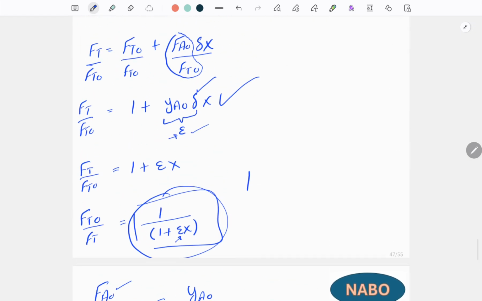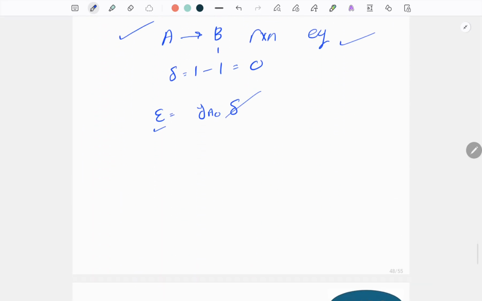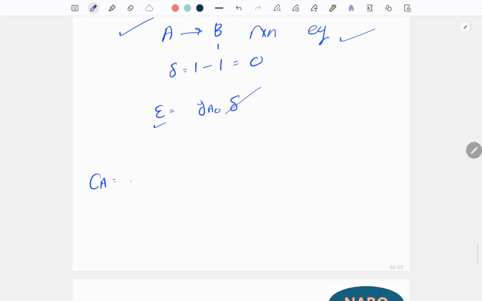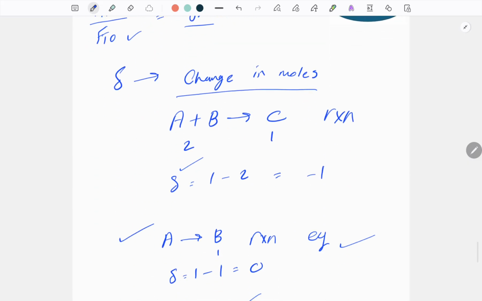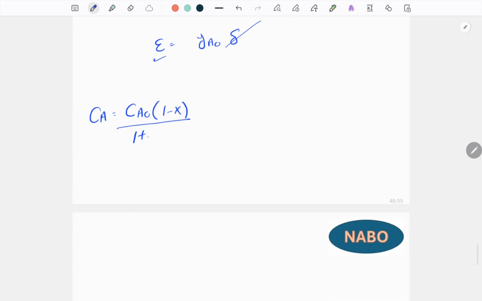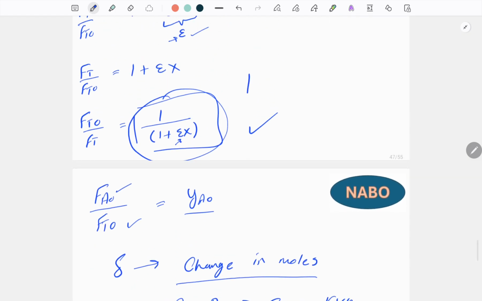So if I bring this down here, this equation, after simplifying it, is Ca equals Ca naught times 1 minus x divided by 1 plus epsilon times x, and what's left is P over P naught, T naught over T. Let me double check.